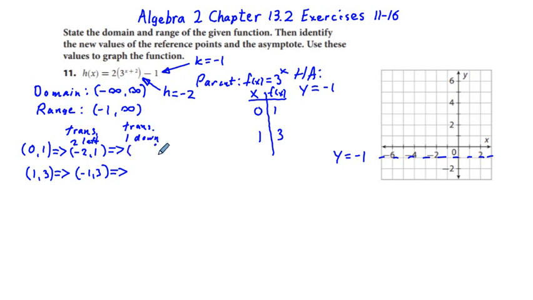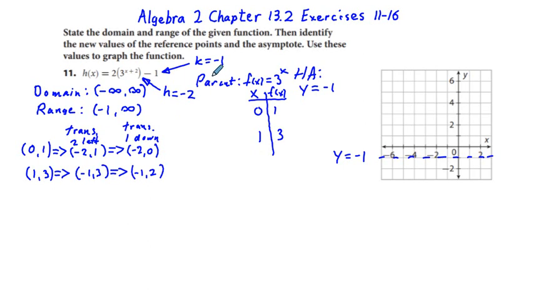So we bring over this already translated reference point, and -2, 1 moved 1 down is going to be -2, 0, because 1 minus 1 is 0. And this next reference point is going to be -1, and 3 minus 1 is going to be 2.